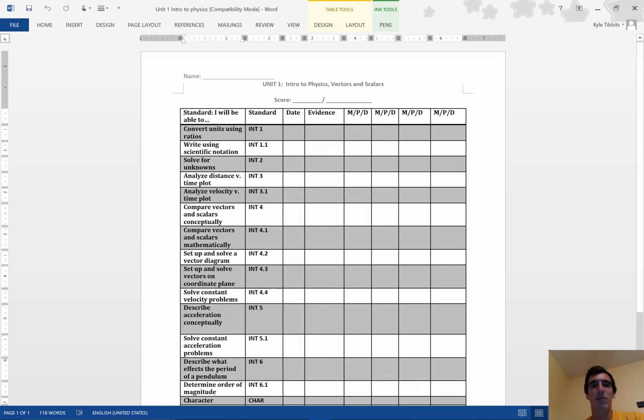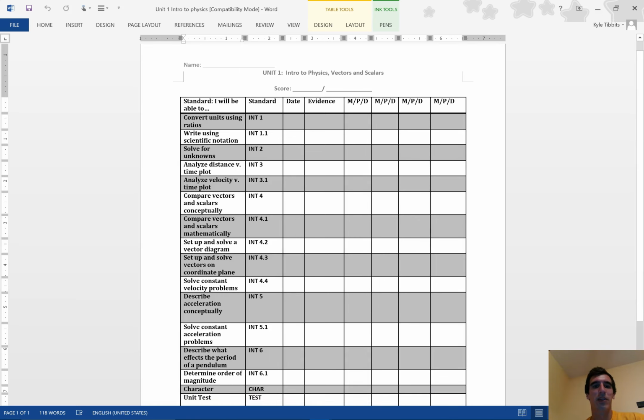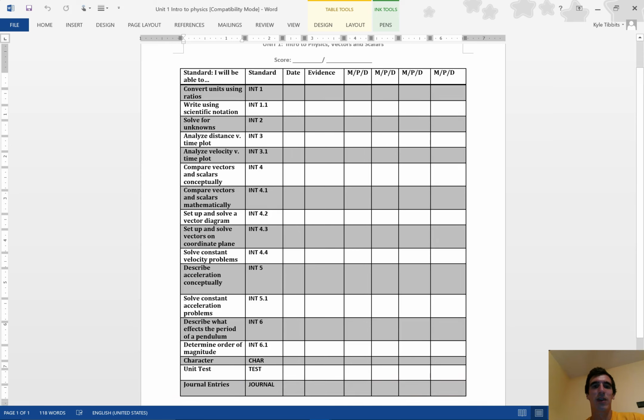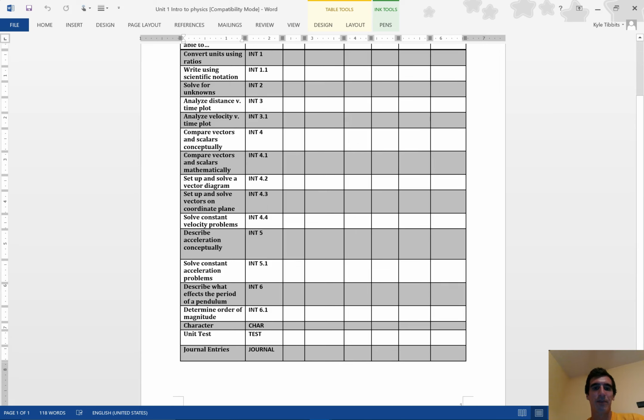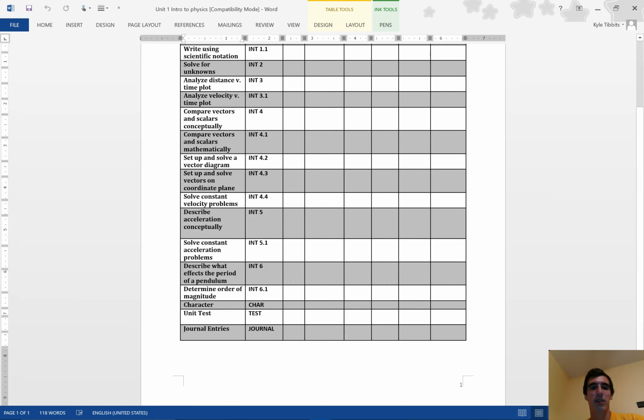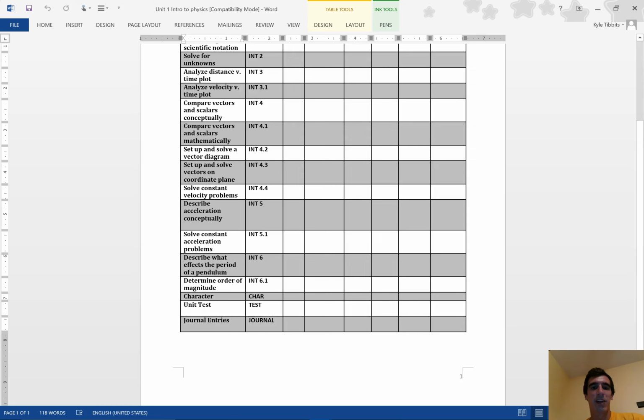I didn't talk about solving for unknowns, so if you need some extra help in algebra, you might want to add that there. Distance versus time, velocity versus time, we talked about. Vectors and scalars conceptually. Mathematically, so that's like the difference between distance and displacement, or speed and velocity. We didn't look up setting up vector diagrams and solving for the resultant, or on a coordinate plane. And we did not talk about what affects the period of a pendulum.